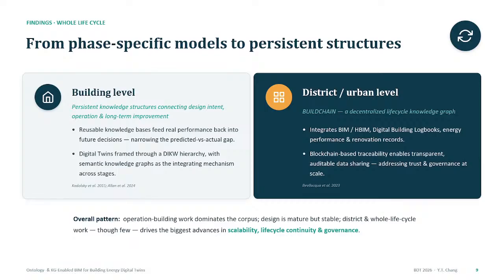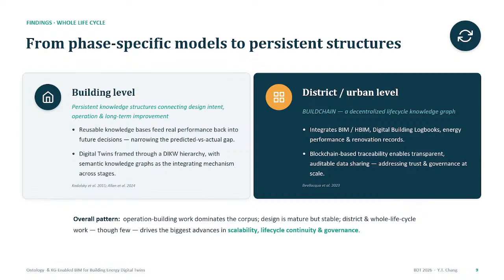Right, the last one I have labeled as whole life cycle, because three papers lately also claim that we should do this feedback: how can the ontology or the knowledge graph develop from the beginning, the design phase, all the way to the operational phase?